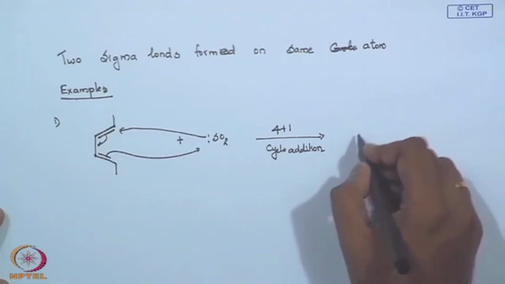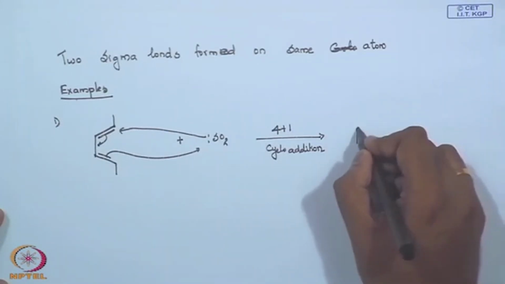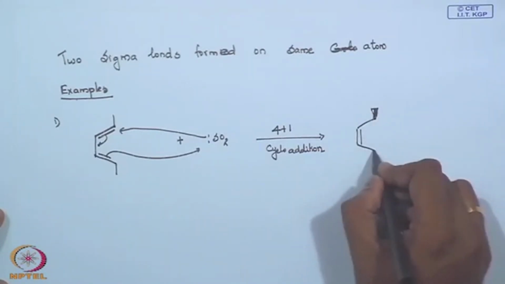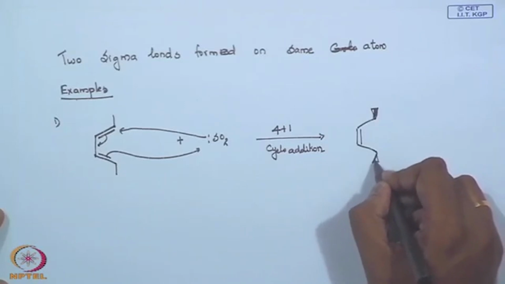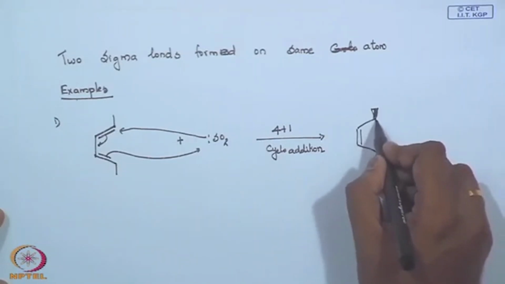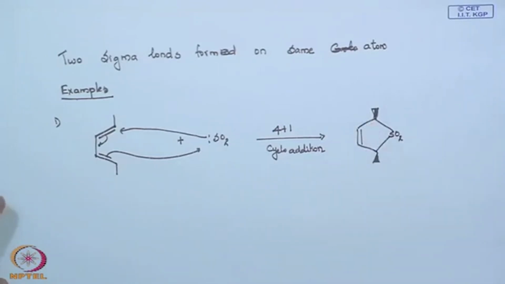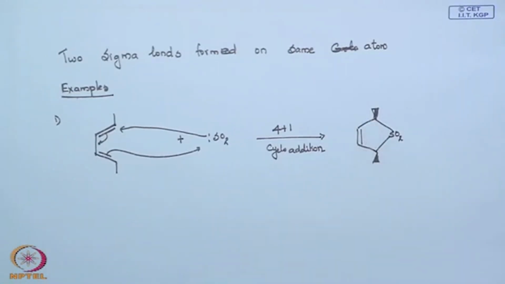Now if you draw the product, right now do not worry about the stereochemistry, I will come back to it later. Now see what the definition says: 2 sigma bonds will be formed on the same atom.